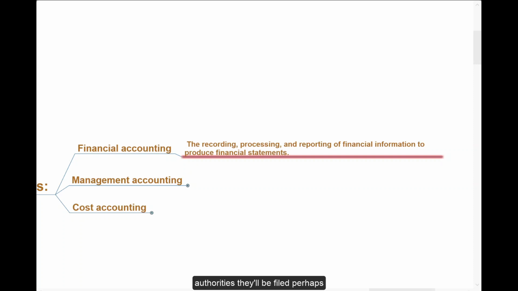They'll be filed perhaps with a Companies House type body, etc. So there are a variety of stakeholders, both internal and indeed external, that rely on financial accounting and indeed the financial statements. And obviously the FA course will prime you so much more than the MA course in those areas.